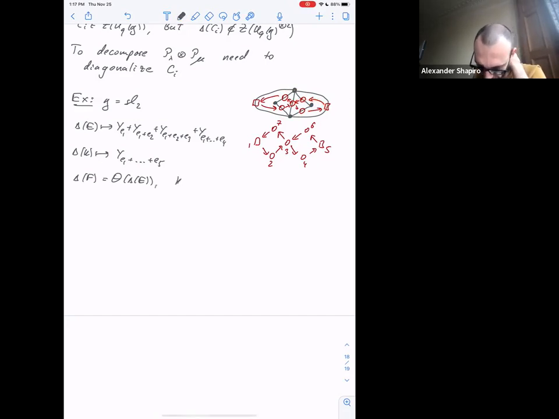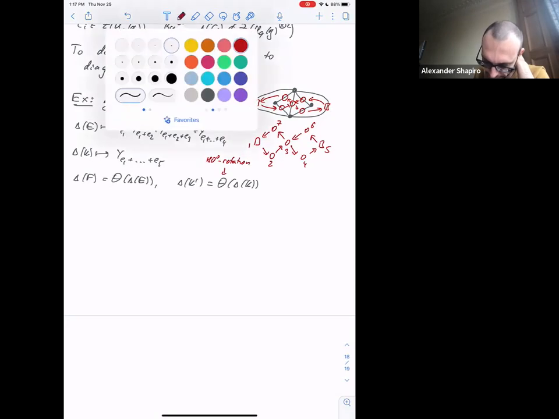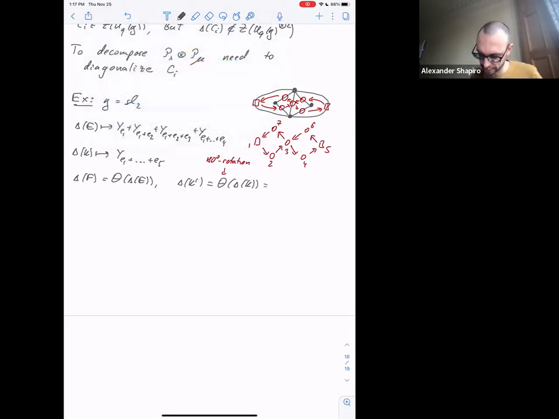And similarly, delta of K prime is theta of delta of K. So theta here is 180 degrees rotation. In particular, that thing here is YE5 plus E6 plus E3 plus E7 plus E1.